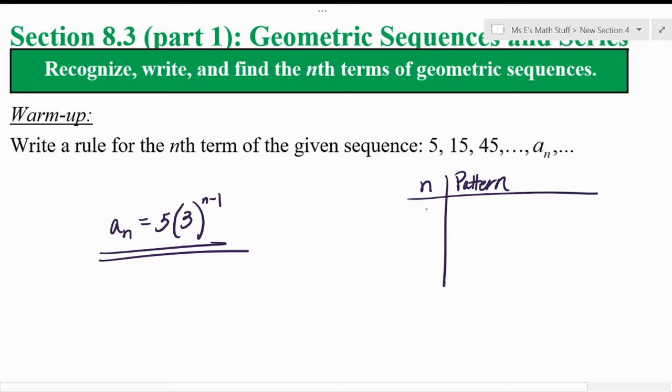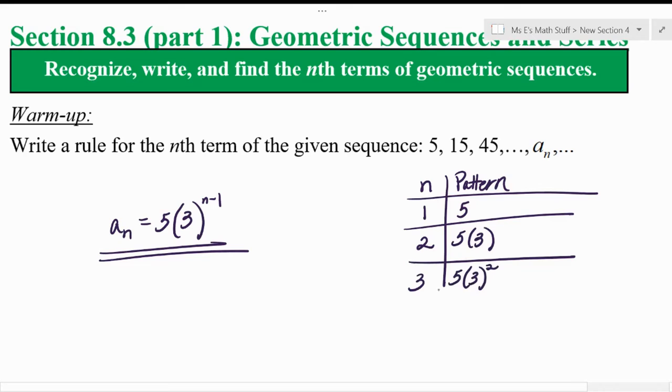If you're on your first term, then your value is 5. Your second term, your value was 15, which was 5 times 3. Your third term was 45, which was 5 times 3 twice. Your fourth term would have been 5 times 3 cubed.